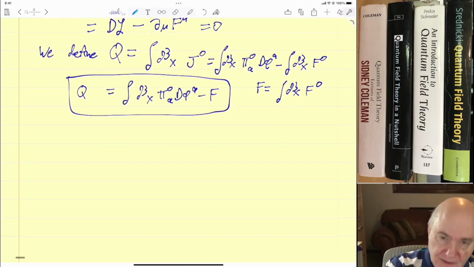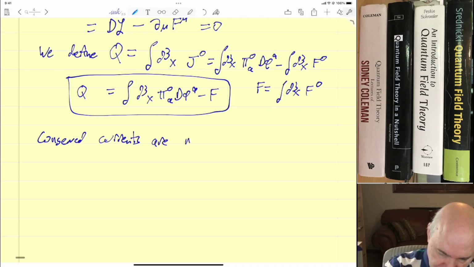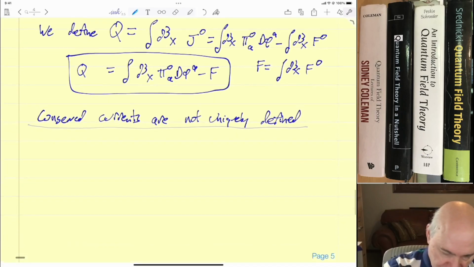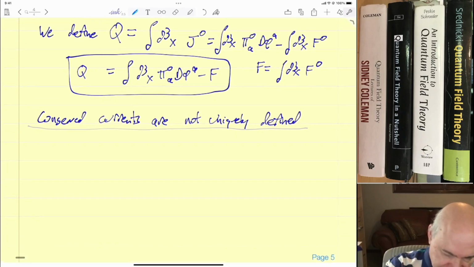Okay, now it's important to note that conserved currents are not uniquely defined. Some of you may know this, because let's just write down our basic equations.